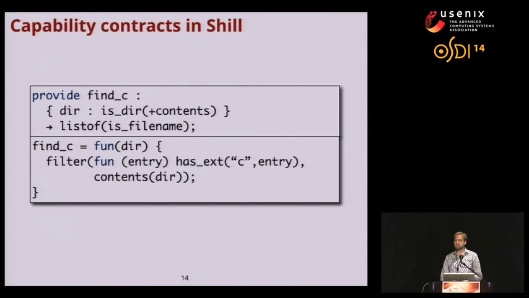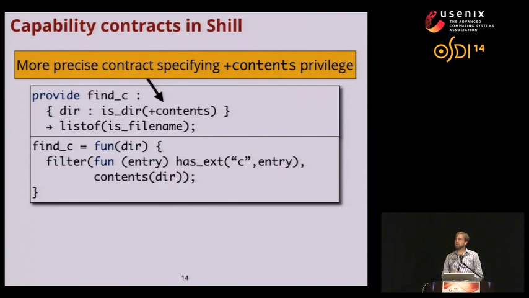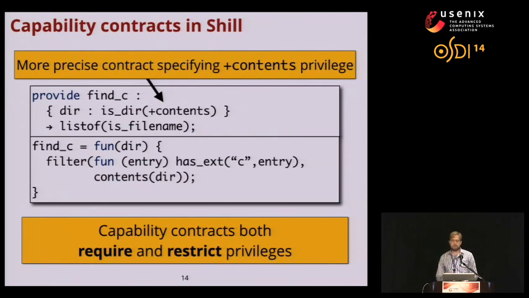So here, I've replaced the contract for this function with a more precise contract specifying that the argument must be a directory with the contents privilege that lets the function list the entries in the directory. And crucially, this type of capability contract both requires and restricts the privileges that are given to the function.